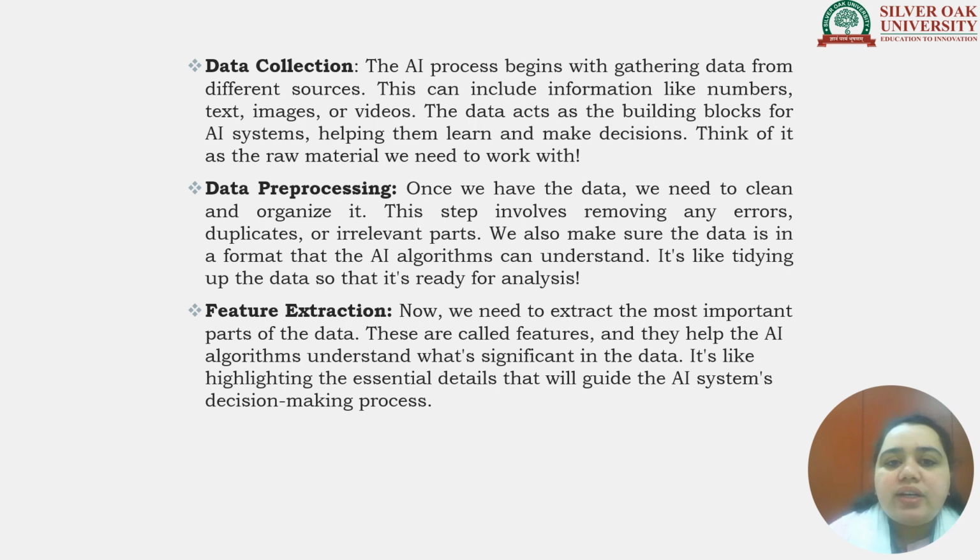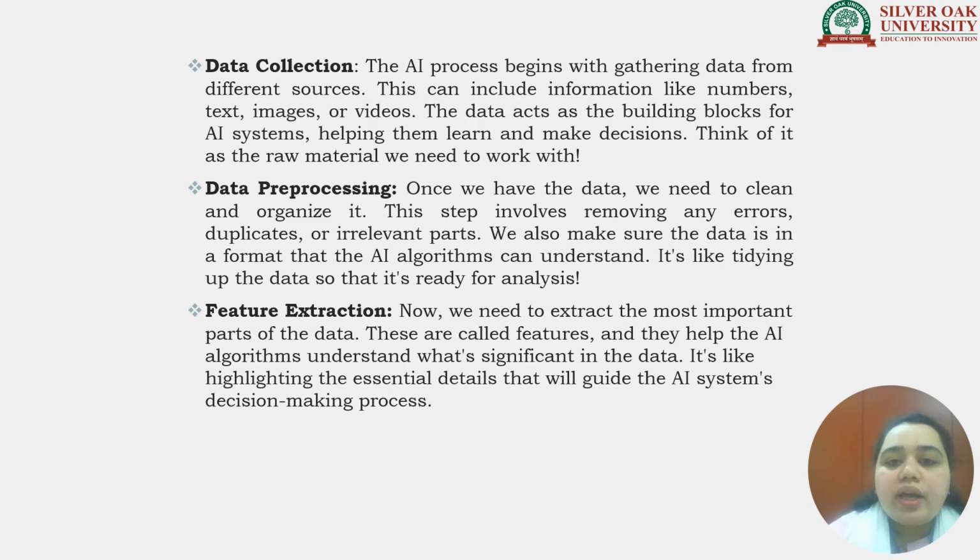Data pre-processing. Once we have the data, we need to clean and organize it. This step involves removing any errors, duplicates, or irrelevant parts, which means if we have downloaded an image, we need to clean that image first. It might be possible there won't be any label on the image, so we are going to label the image.